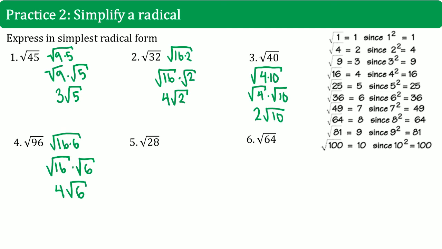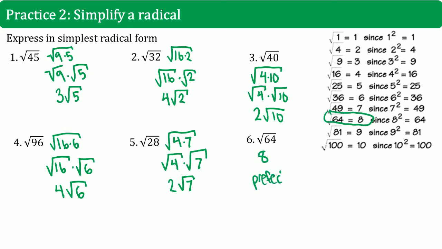Number 5, radical 28. Radical 4 times 7. So break this down: radical 4 times radical 7. Radical 4 is 2. Radical 7 is just radical 7. There you go. You're done. Radical 64. Well, look, it's already perfect. So this just becomes 8 because this is already a perfect square. Right? Good.